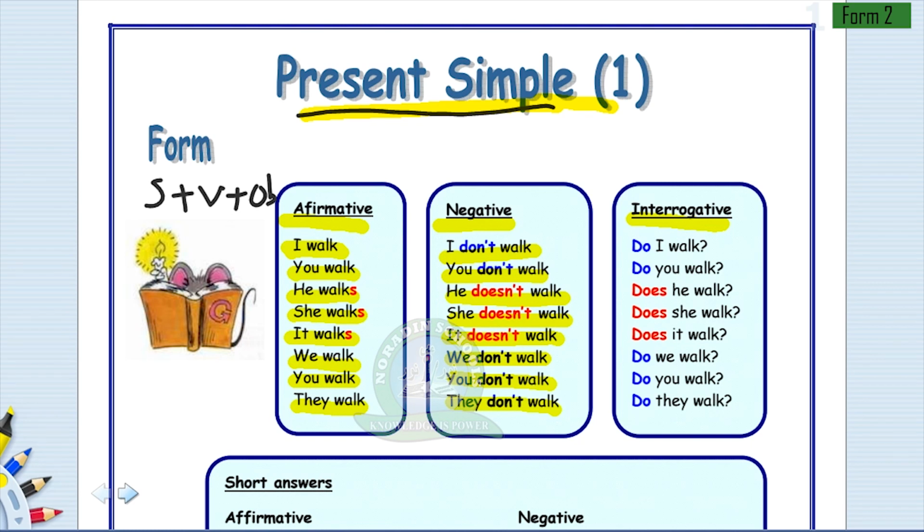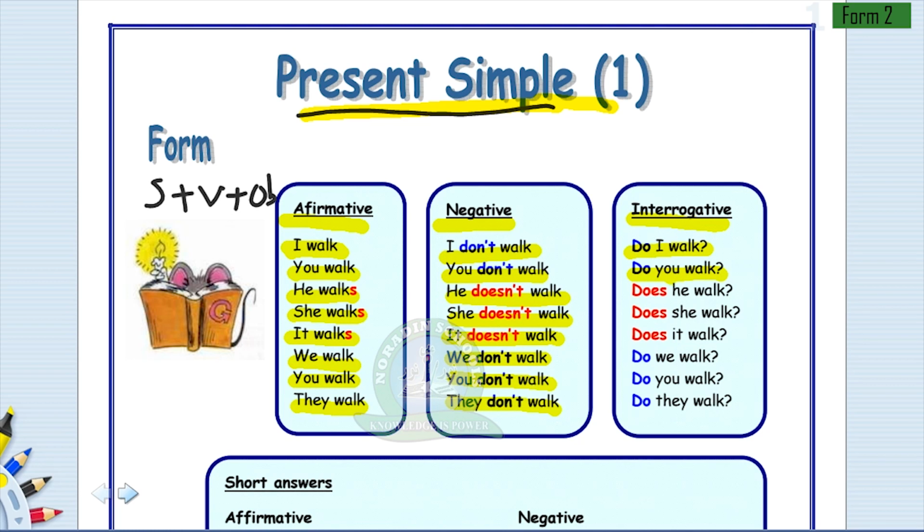If the subject is plural, we start with do, but if the subject is singular, we start with does. Keep in mind, please, here there's an I. We were using I don't, and now here we are using do I walk, do you walk.